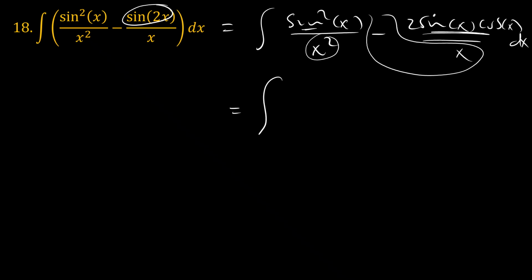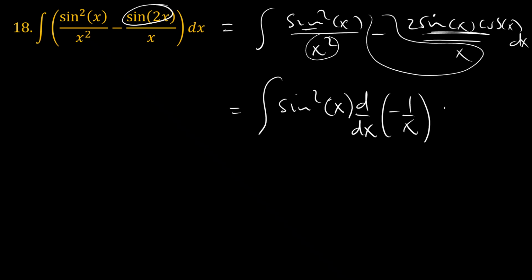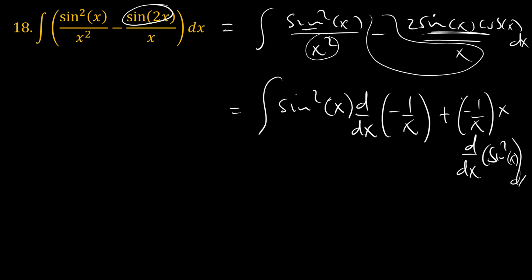So I have sine squared x times the derivative of negative 1 over x plus negative 1 over x times the derivative of sine squared x. Okay, and this is the derivative of a product.